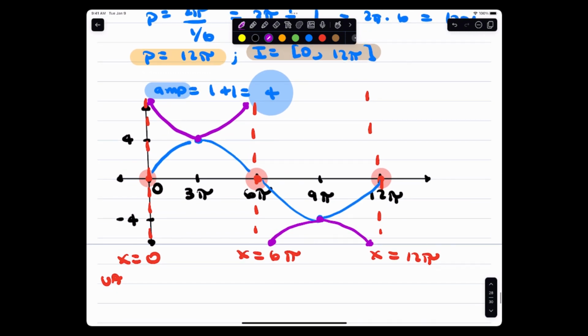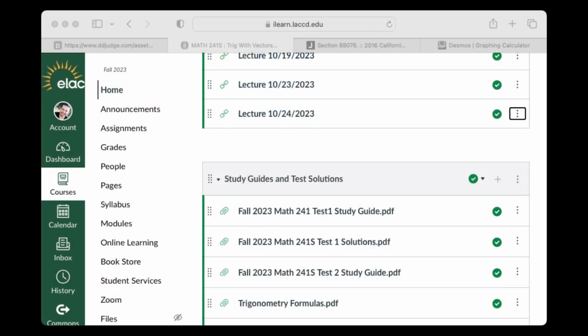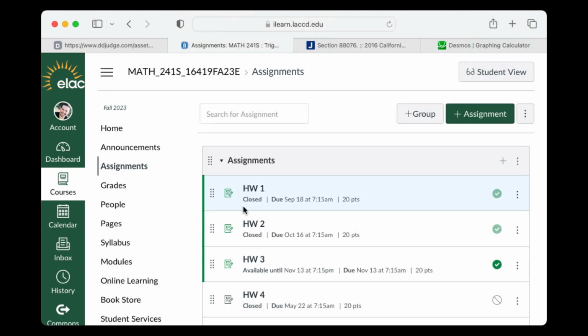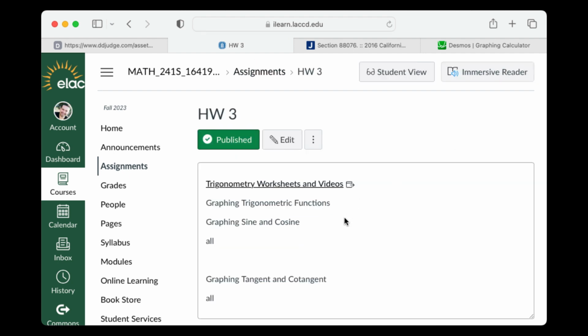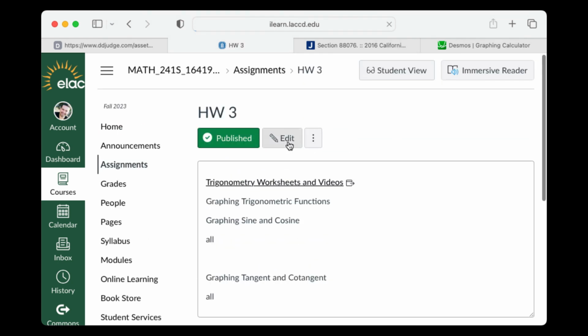All right? And so I'm going to say to you guys, go here to that website, assignment, if I can access this. I'm going to add to the list graphing secant and what? Cosecant, okay?